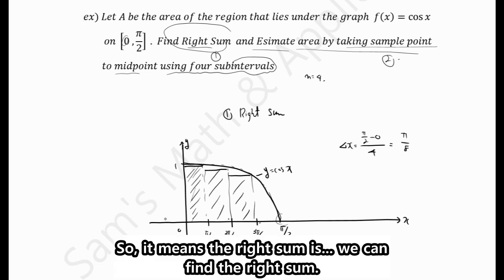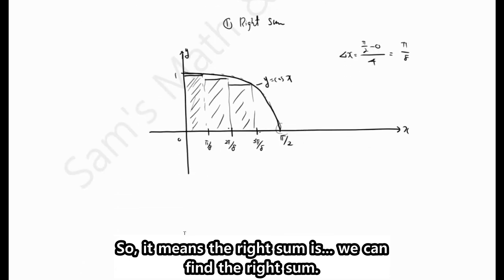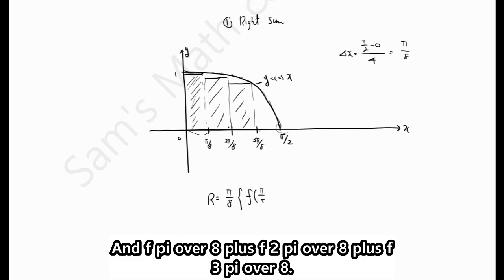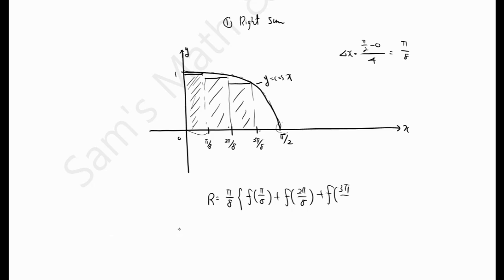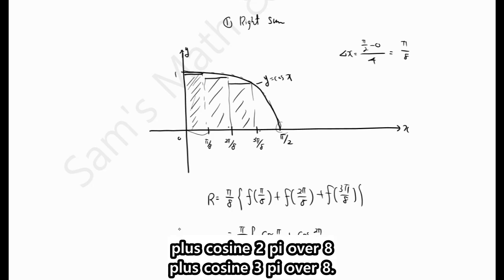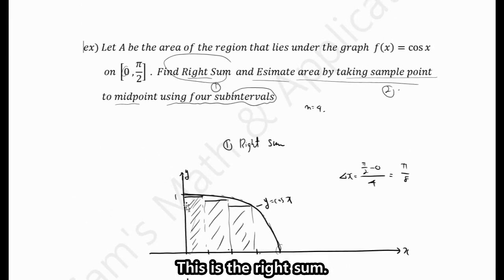So we can find the right sum: delta x is pi over 8, times f of pi over 8 plus f of 2 pi over 8 plus f of 3 pi over 8. So the answer is pi over 8 times cosine pi over 8 plus cosine 2 pi over 8 plus cosine 3 pi over 8. This is the right sum.